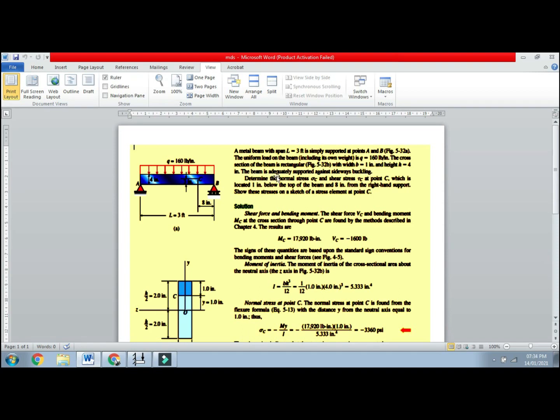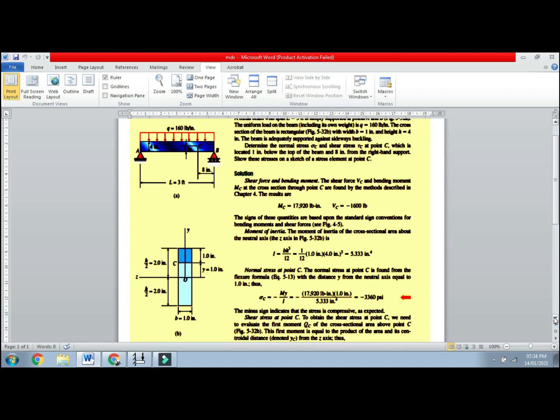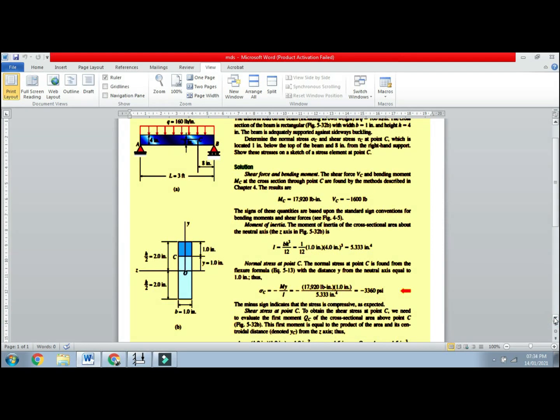The cross section of the beam is rectangular, with a height of 4 inches and a width of 1 inch. They say the beam is adequately supported against sideway buckling, so because of the load being applied, it will not buckle. They have reinforced it.